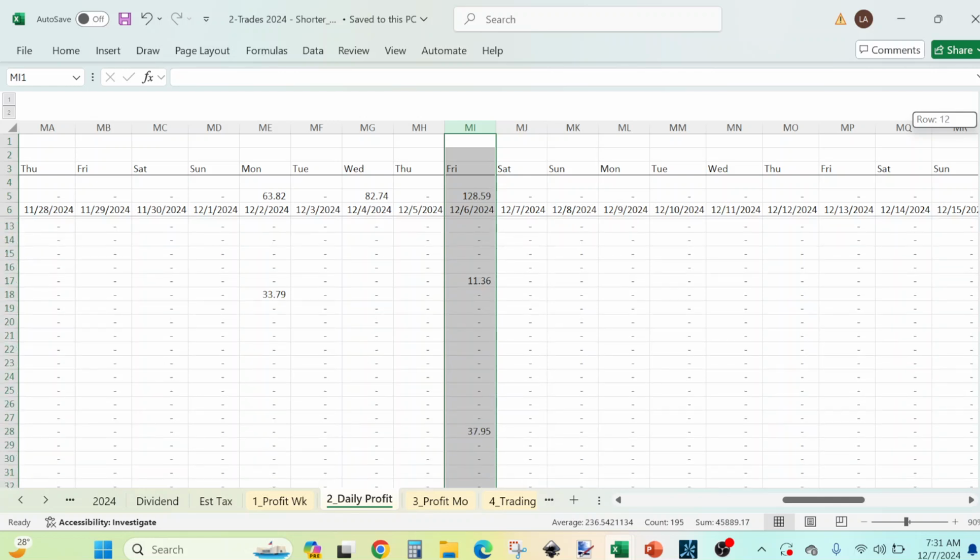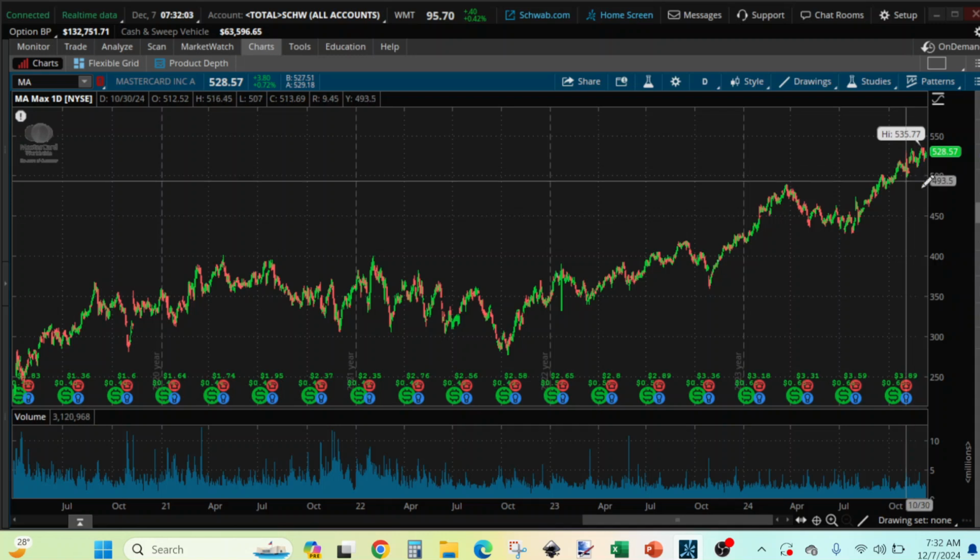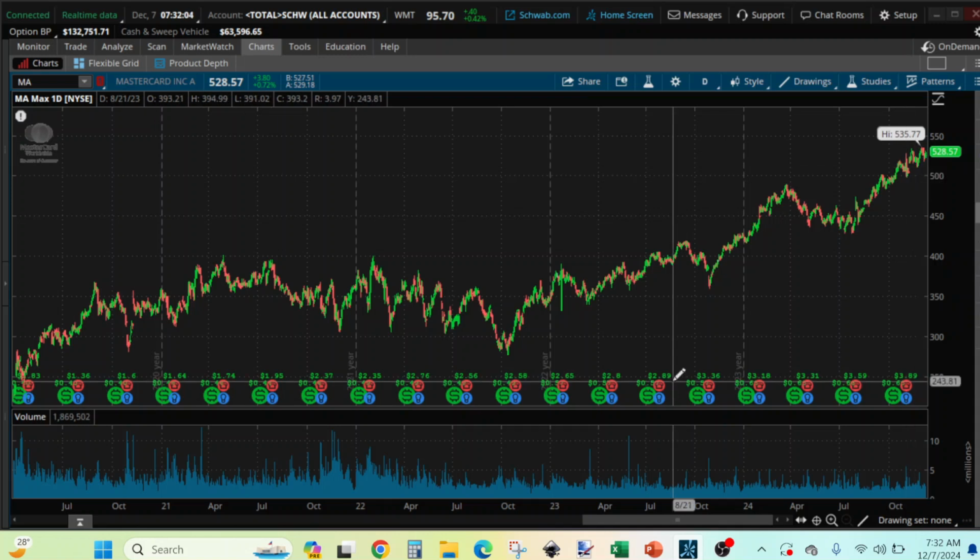Okay, so we have those 379 something, but okay. So now let's go back to the chart. Now that we saw our daily profit for December 6, 2024, let's look at our MA here. I'm not sure why I'm not seeing those lines, but now let's trace our lines here.